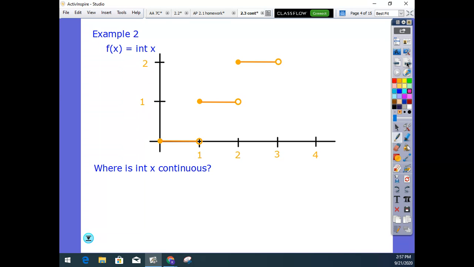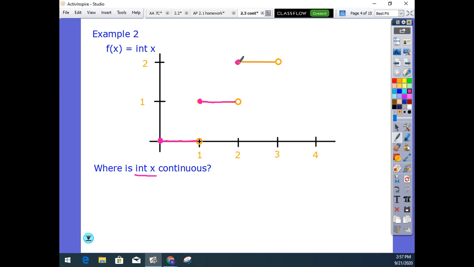Is it continuous? This is our int x, greatest integer function, step function. Is it continuous here from the left? It's continuous everywhere until I get to 1, and then it jumps. Everywhere between 1 and 2, then it jumps.